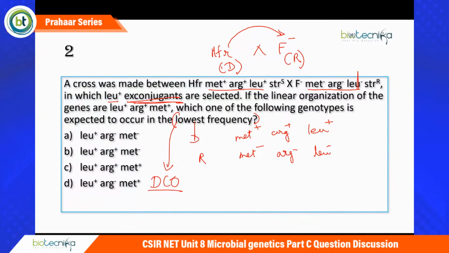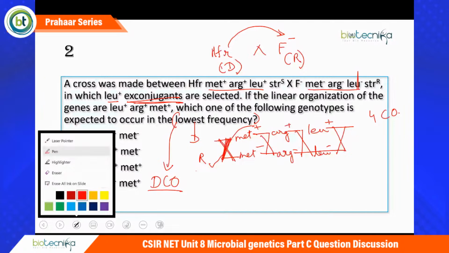So this is the donor, and this is the recipient. The maximum number of crossovers that it can involve will be 1 here, 2 here, 3 here, and 4 here. With these four different crossing over points, what will be the genotype of the recipient? This is the first crossover, so it is getting Met plus. I'll circle it in blue.